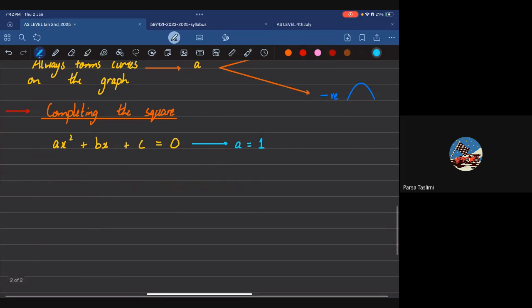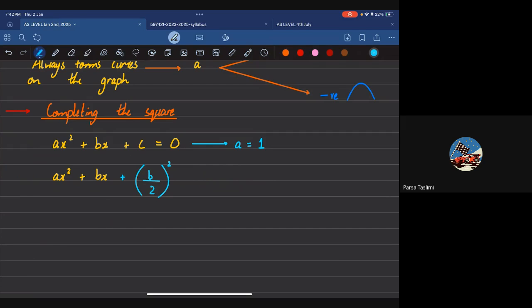Secondly, what's the second step? We're going through with it as it is: ax squared plus bx. Once you've determined that first step where a is equal to 1, secondly, you're going to introduce by yourselves and add the half of b, the coefficient of x, into the equation and you're going to square it.